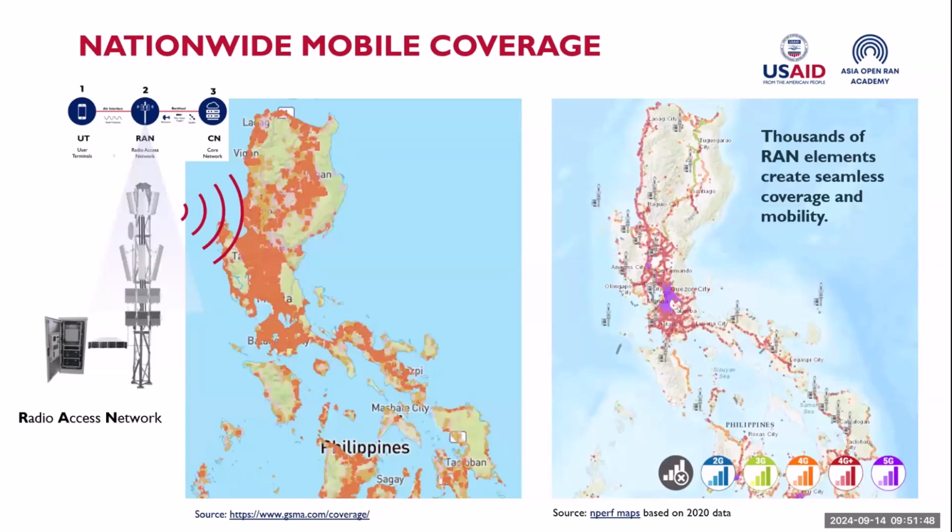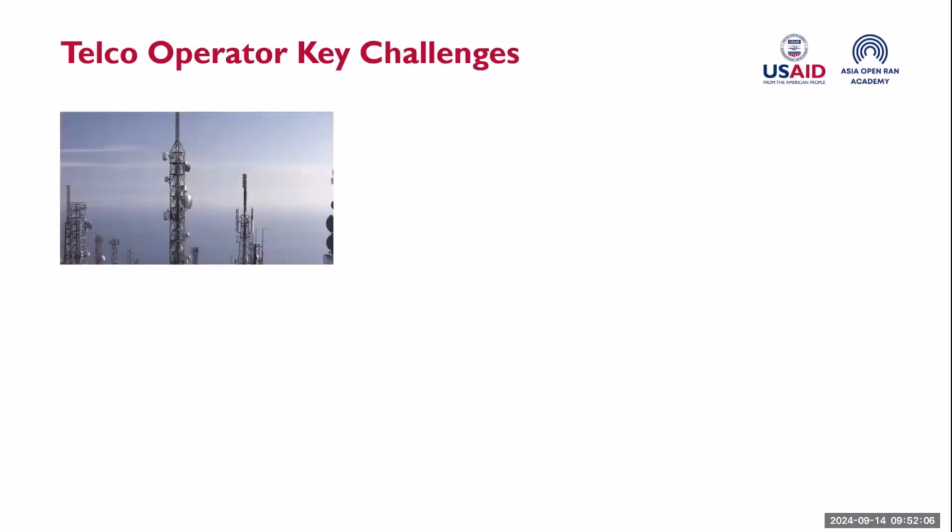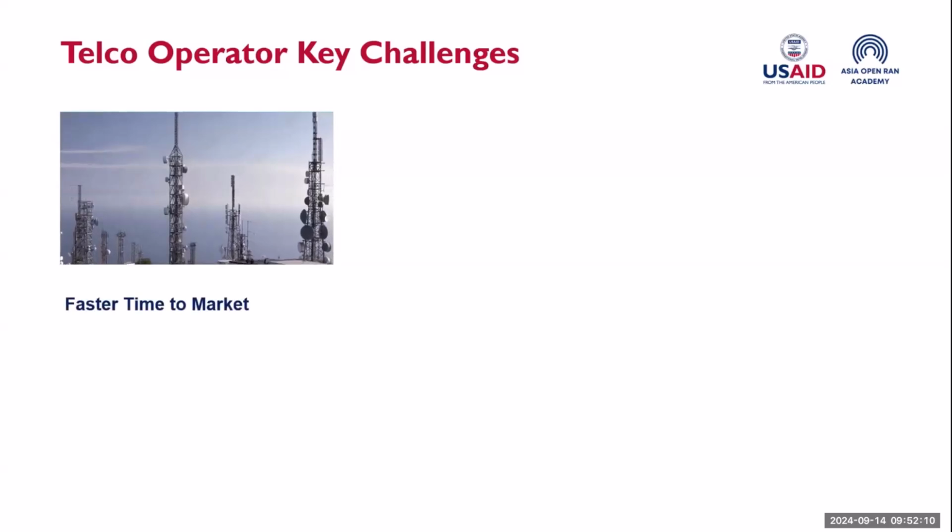Operators need to build different cell sites in different parts of the country, but they have a lot of challenges in achieving seamless coverage and mobility. So what are the three major telco operator challenges they are facing? First is faster time to market.